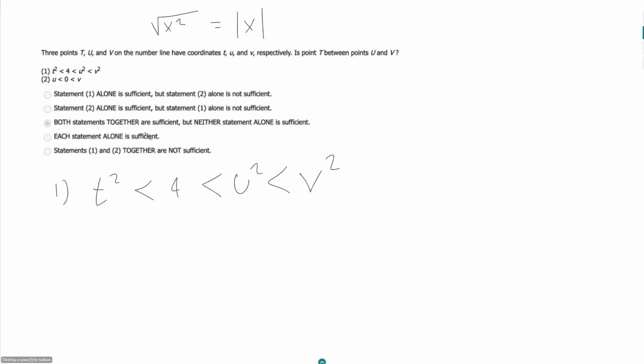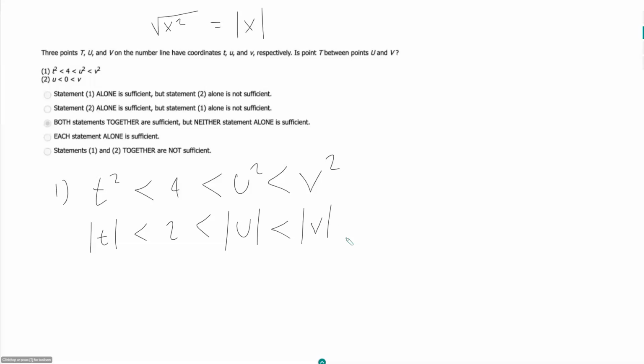So if we were to take the square root of our entire inequality here, it wouldn't be t is less than 2, which is less than u, which is less than v. It would be the absolute value of t is less than 2, which is less than the absolute value of u, which is less than the absolute value of v.